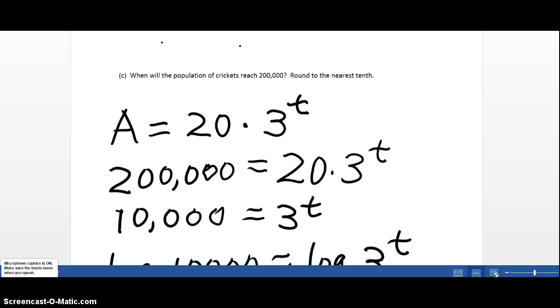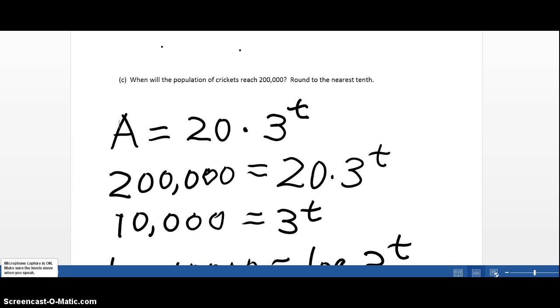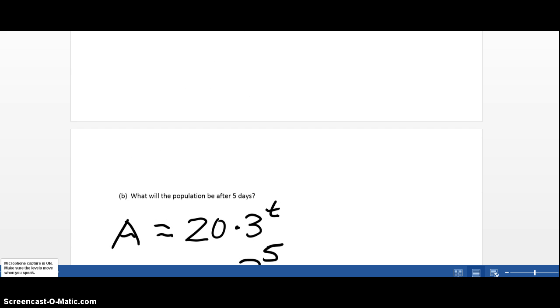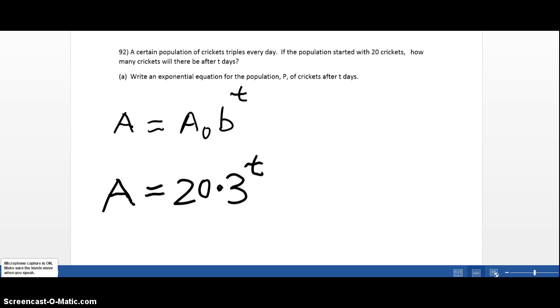Now, one thing, I want to go back to the initial problem here. Suppose it said that instead of the cricket population tripling every day, suppose it said the population tripled every 5 days.